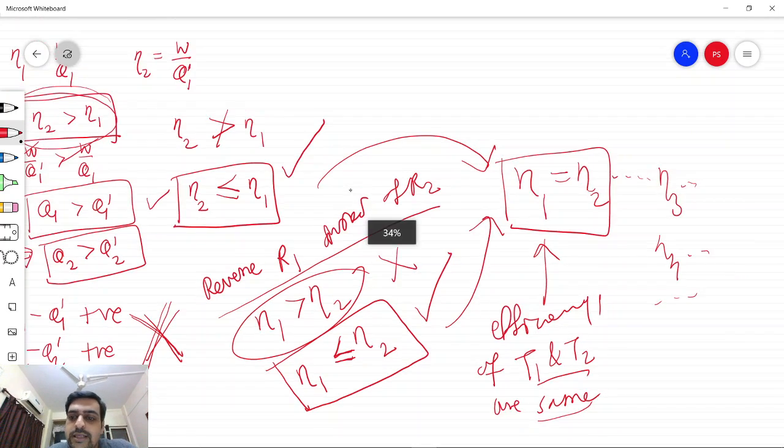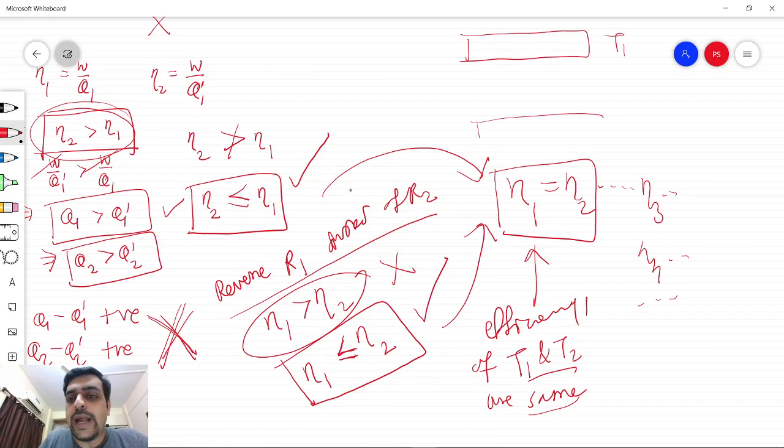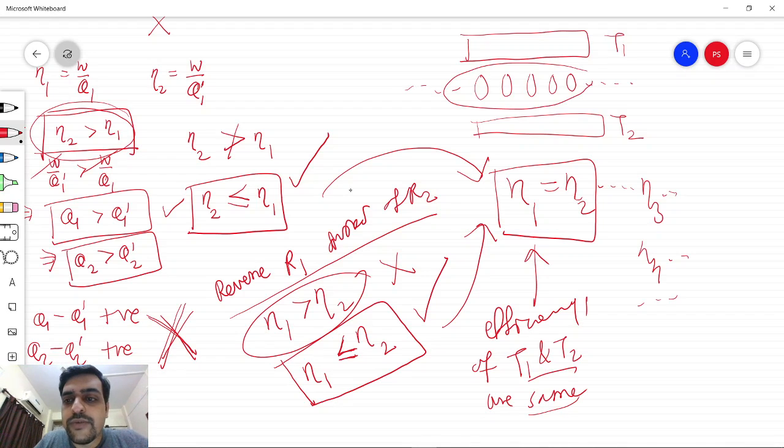So the essence is that if we have a source at temperature T1 and a sink at temperature T2, and a large number of reversible engines, then all of these engines working between the same two temperatures will have the same efficiency. This was the second part.